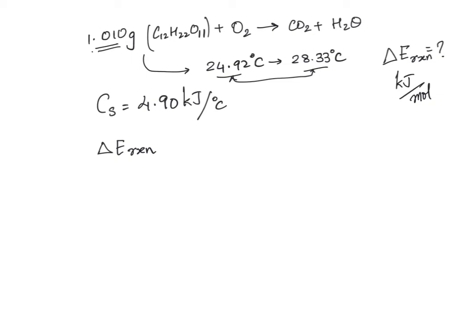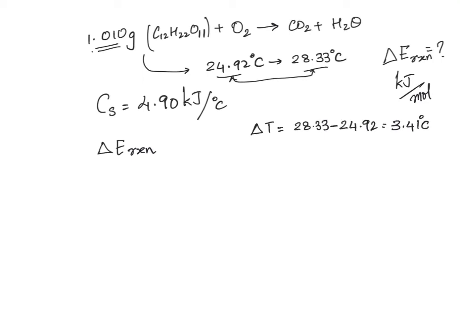So the delta E of the reaction is equal to, let's get the change in temperature first. The change in temperature is 28.33 minus 24.92, which is 3.41 Celsius.